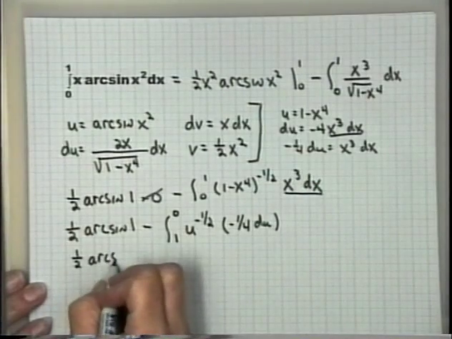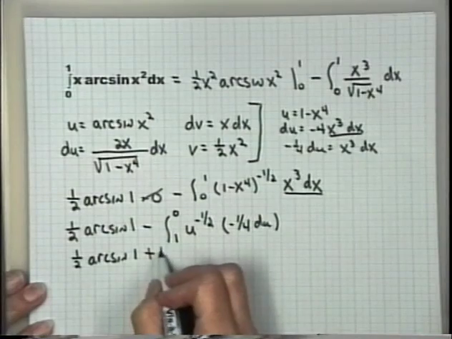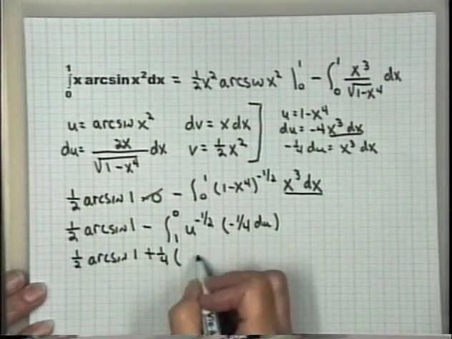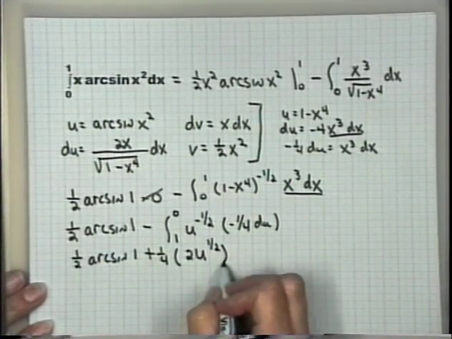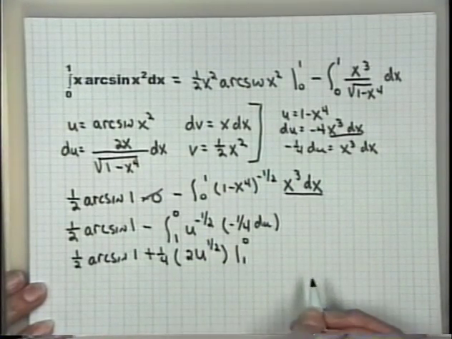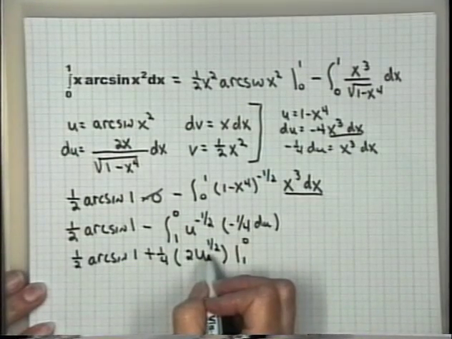1/2 arc sine 1. If I bring that negative 1/4 out, that's going to be a positive 1/4. I can find the antiderivative. That will go up to 1/2 with a 2 in front, evaluated from 1 to 0. Now remember, these are u values, so we can just put those straight in.